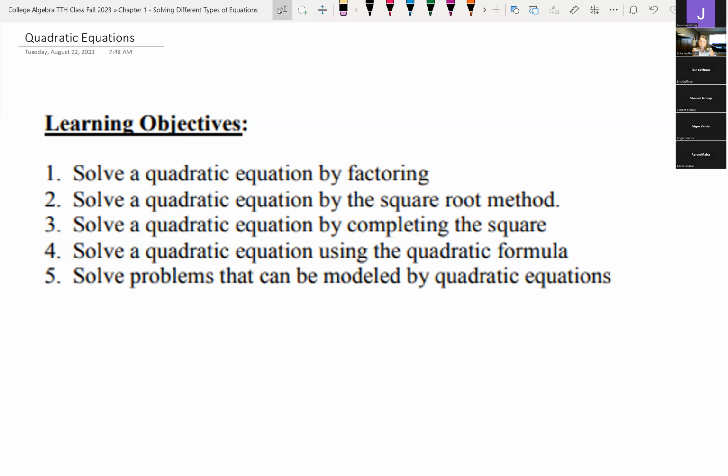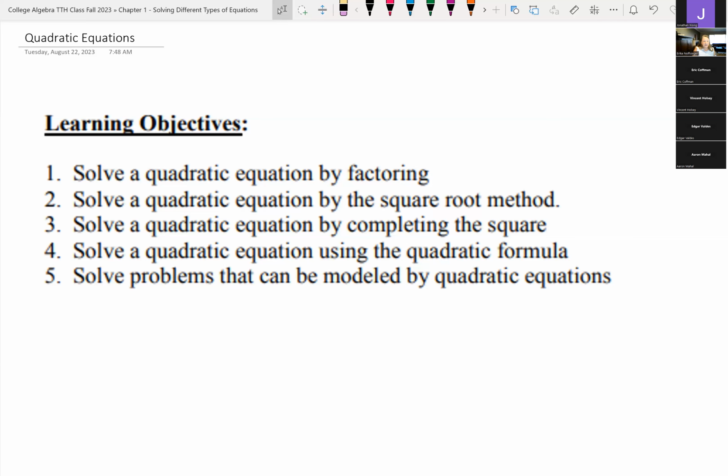Completing the square is another method that we'll be using throughout the class, so we'll see it later on in this course. And then we'll look at some problems that can be modeled by using quadratic equations.